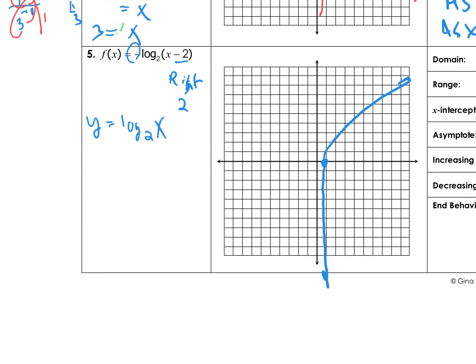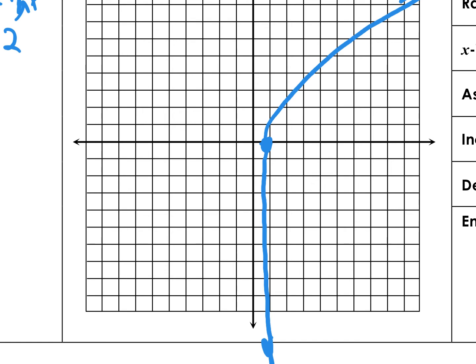This picture has to flip upside down, and it has to shift to the right too. So what I'm going to do is take this dot, 1, 2, and move it here. I'm going to take this asymptote that's right next to it, and move it to 2. So here's my asymptote now.